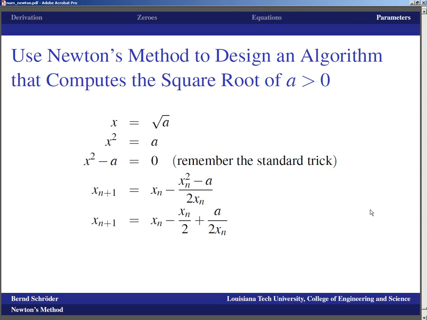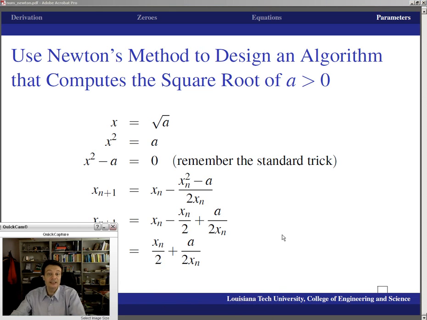You have to replace the problem with something that you don't know how to solve yet. And, well, then we can simplify that a little bit. We can realize that the xn stays, xn squared minus a divided by 2xn is xn over 2, and a over 2xn stays the same. And so that then is xn plus 1 equals xn over 2 plus a over 2xn. And that is an algorithm that pretty quickly and reliably computes square roots.